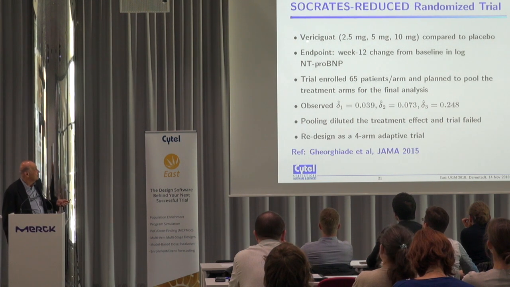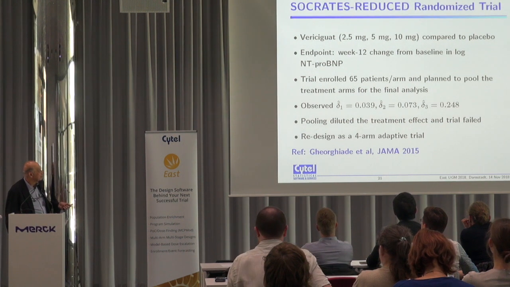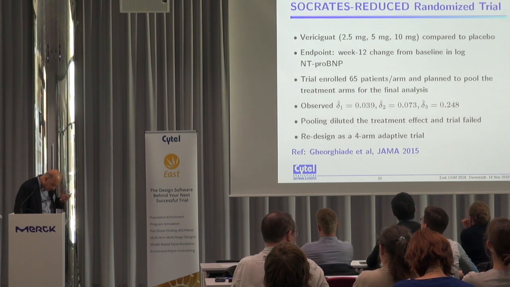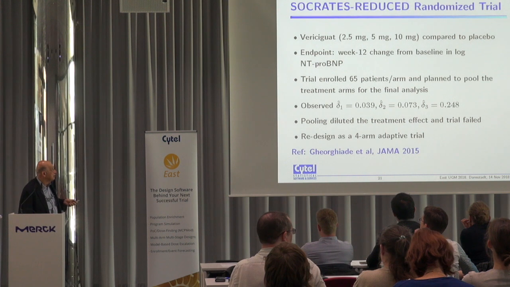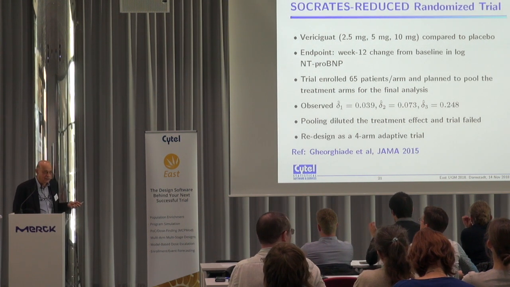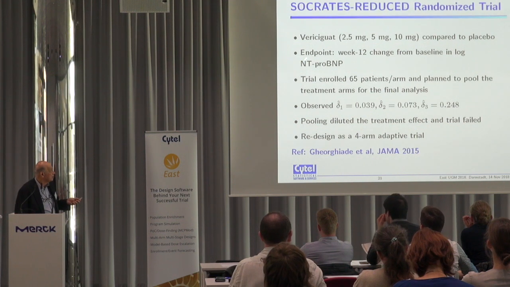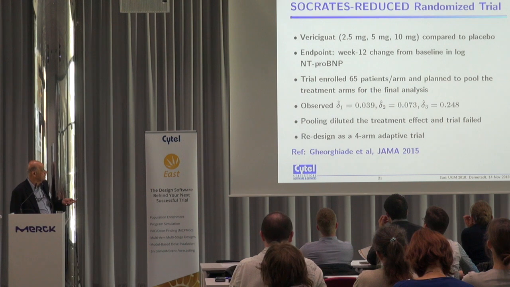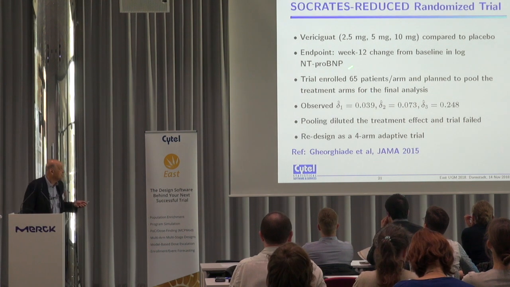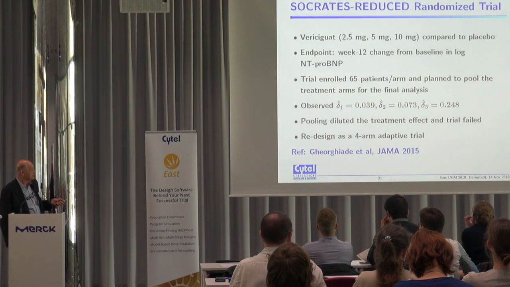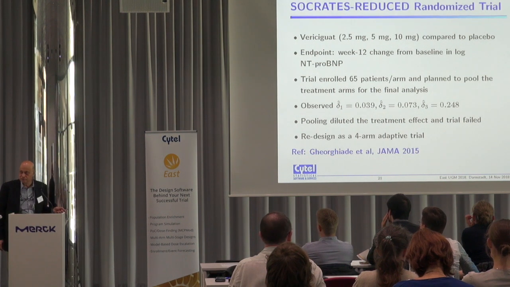It is vericiguat, I don't know how you pronounce this, but it's some treatment for reduced ejection fraction heart condition. And there were 3 active doses compared to placebo, and the endpoint was the change in this marker, NT-proBNP.